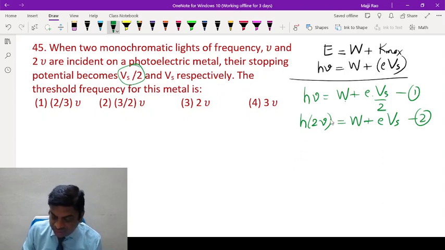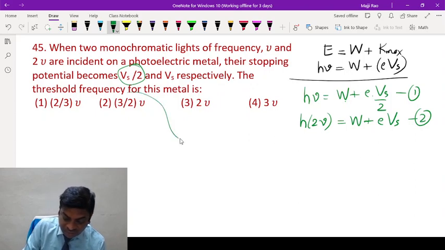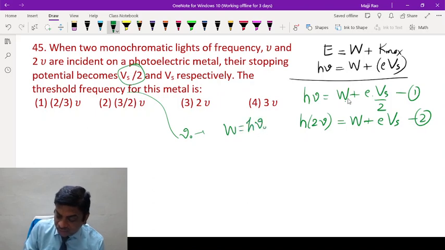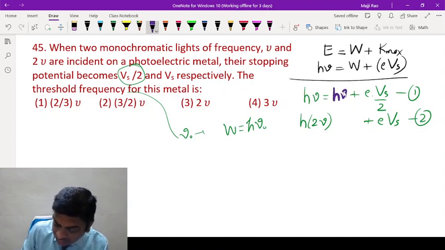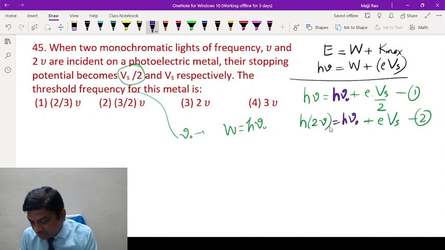Now, threshold frequency can be written as h nu naught. If you take the threshold frequency as nu naught, then you know work function is h times nu naught. So I have to replace these work functions with h nu naught. We have to find nu naught.